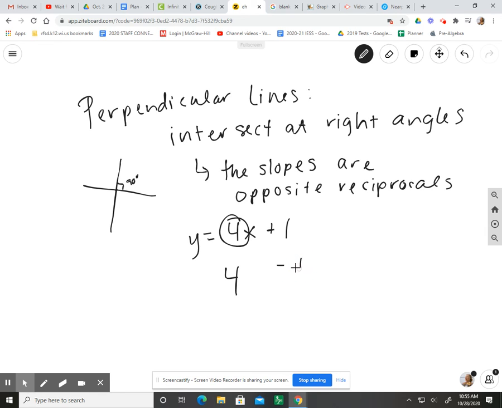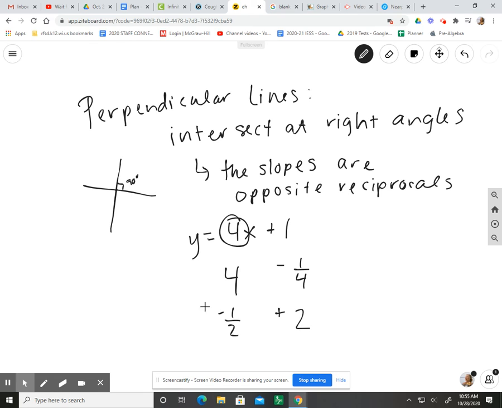So if my first line has a slope of negative 1/2, I take the opposite, so the negative and negative makes a positive. And then the flip. So instead of 1/2, it's 2/1, which is 2.